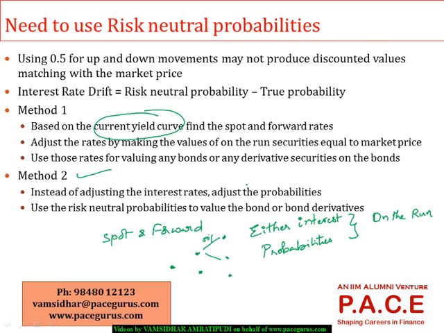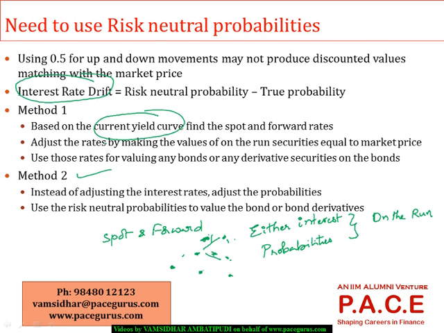In method 2, after you compute the spot and the forward rates, don't adjust the interest rates, rather adjust the probabilities so that we arrive at updated probabilities of up movement and down movement, thus capturing the interest rate drift, and use those probabilities for evaluating the bonds or options at a future date.